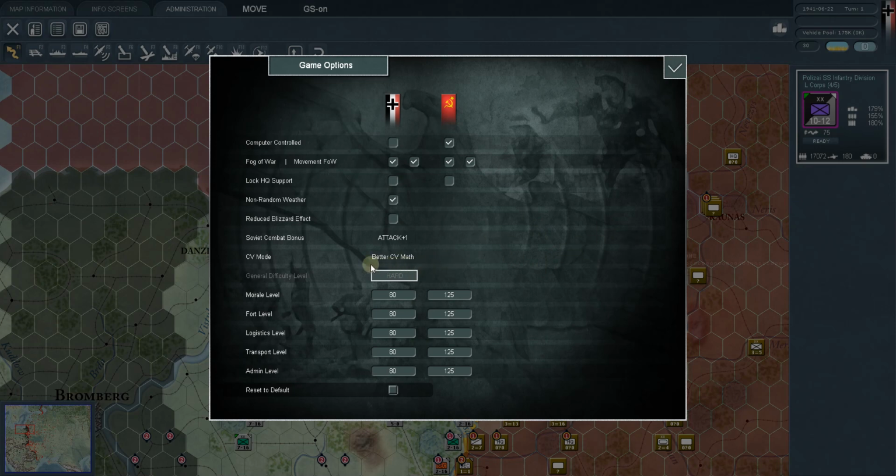This says, well, they're this fatigued, they have this much experience. This is actually closer to what their real CV is.